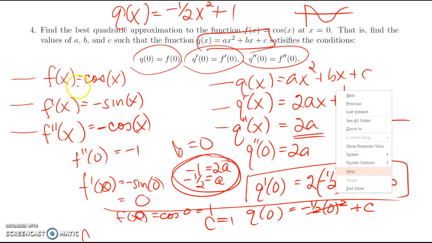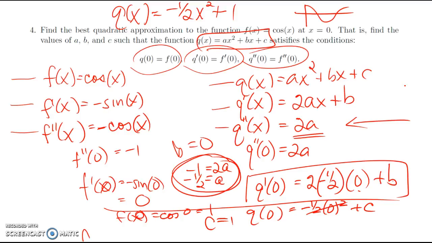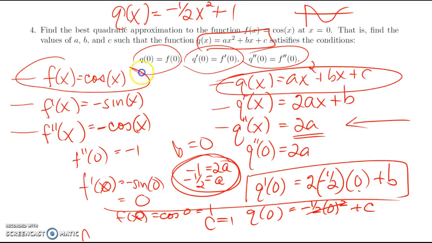The first derivative of the function just equaled 0, so b was 0, right? And then finally, we took q at 0, which turns out was just c, equal to this function at 0, which is 1, so c equals 1, and this was the final function.